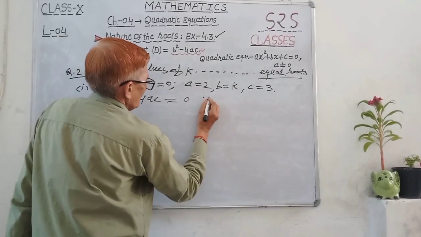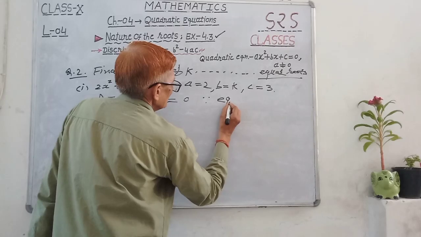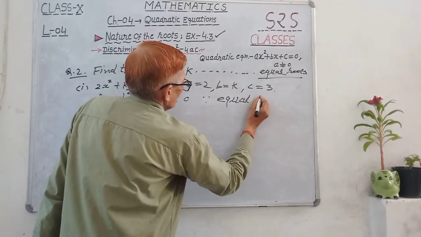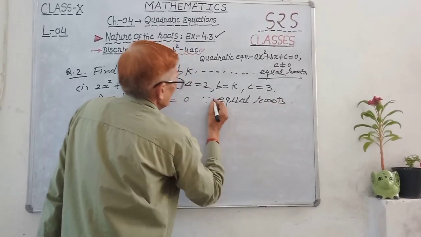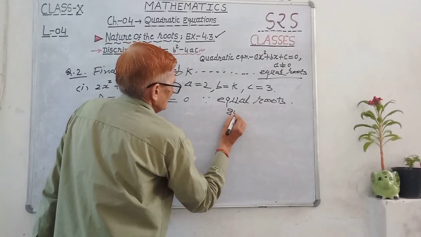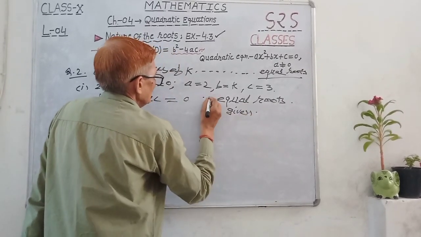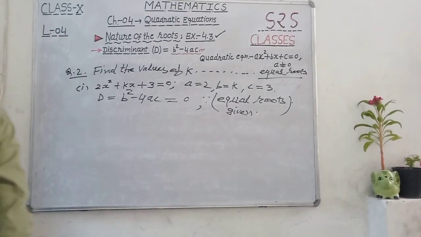Why? Because equal roots are given. If equal roots are given, we should use discriminant equal to 0.